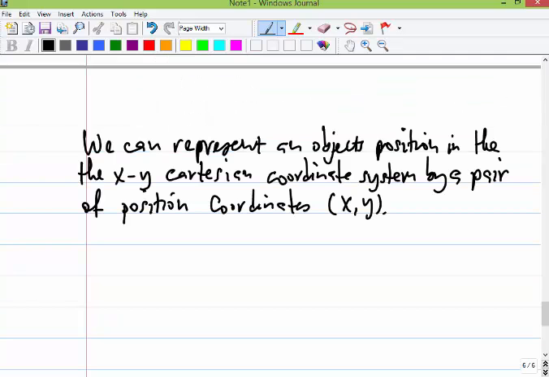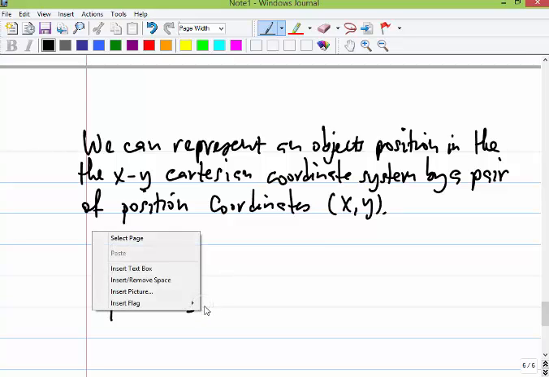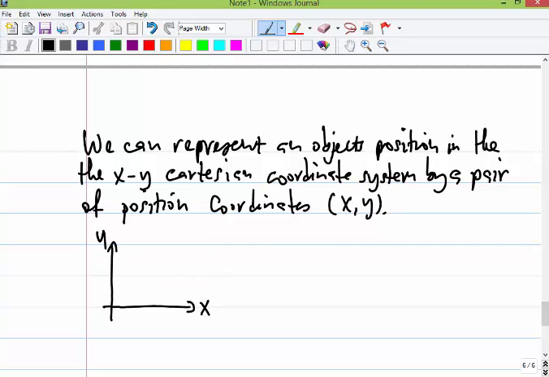So for example, if we have an XY coordinate system, this is X and this is Y, with numbers 1, 2, 3, and 4. An object at position 2, 2 will be given by the coordinates 2 and 2.